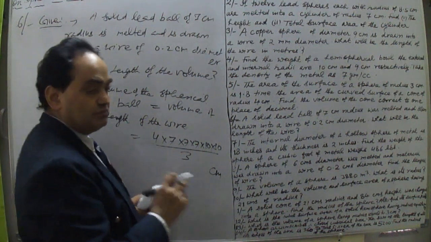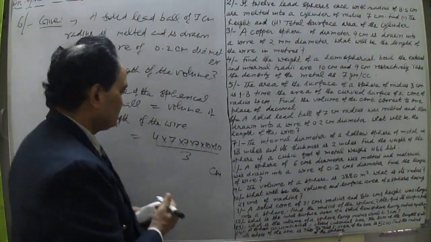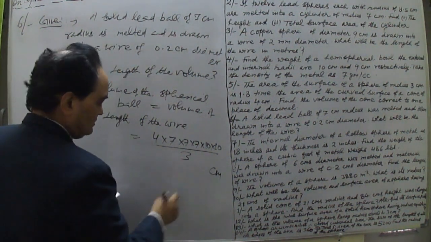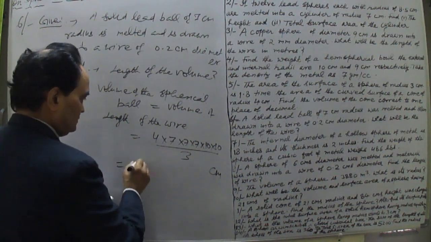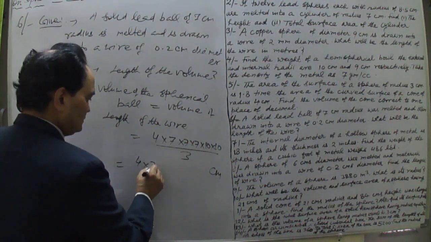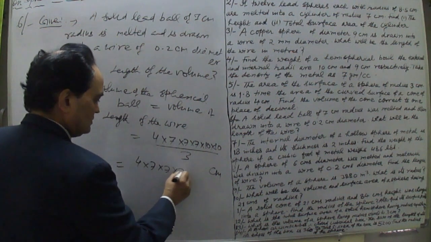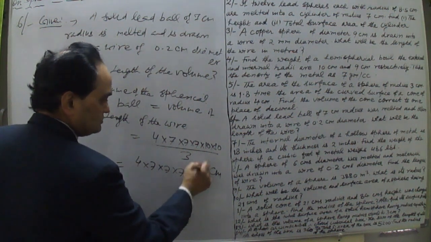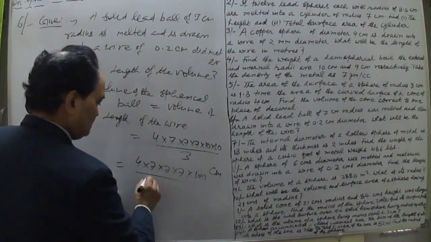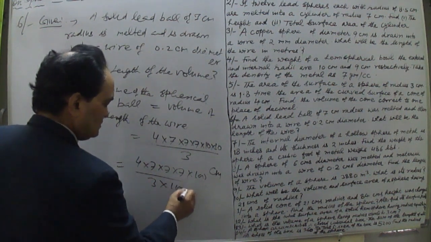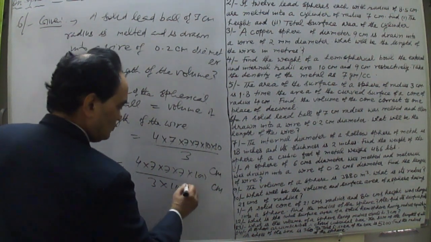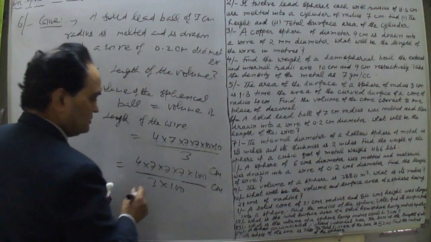Now let me convert this into meters by dividing by 100. So this is 4 into 7 into 7 into 7 into 100, divided by 3 into 100. This is in meters now, because 1 centimeter equals 1 upon 100 meter.